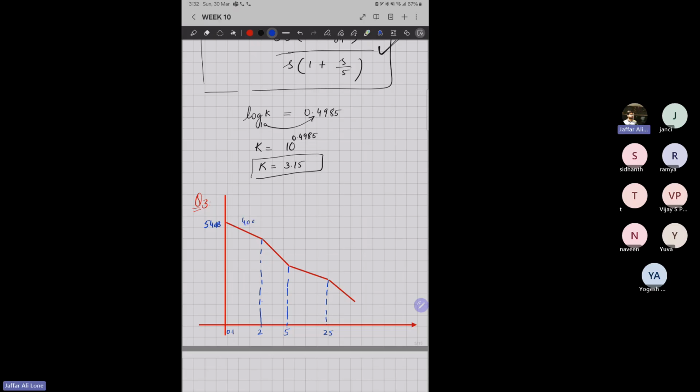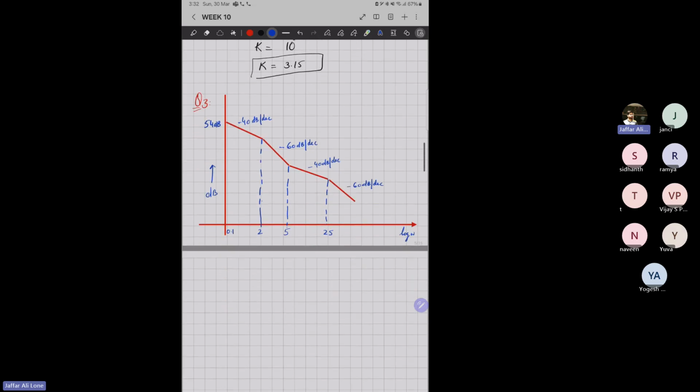The slopes are minus 40 dB per decade, then minus 20, then minus 40 dB per decade, and minus 60 dB per decade. Of course, this is log of omega, and this is in dBs again. Now you have to find the transfer function.